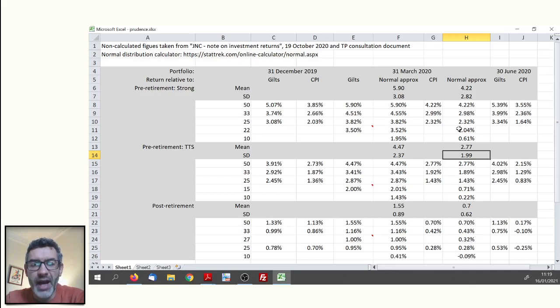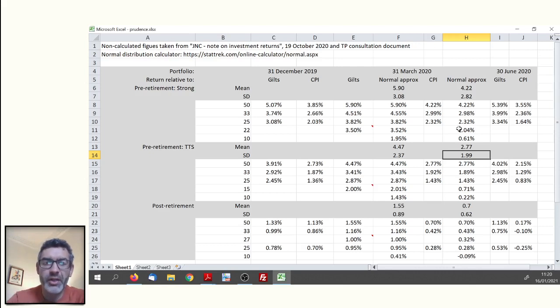Now, because of that, if you look at any given centile for each distribution, you will find you're a different distance away from the best estimate. So what I think is going on is something like, by working on a gilts plus basis and choosing the centiles there, they end up a certain distance away from their best guess, and when they factor that figure into the valuation, if you're working on a gilts plus basis, you've gone further away from your best guess on a CPI plus basis than you otherwise would have done if you worked on CPI plus throughout.